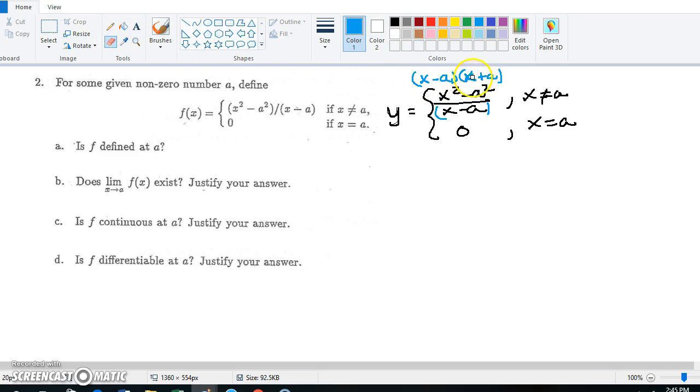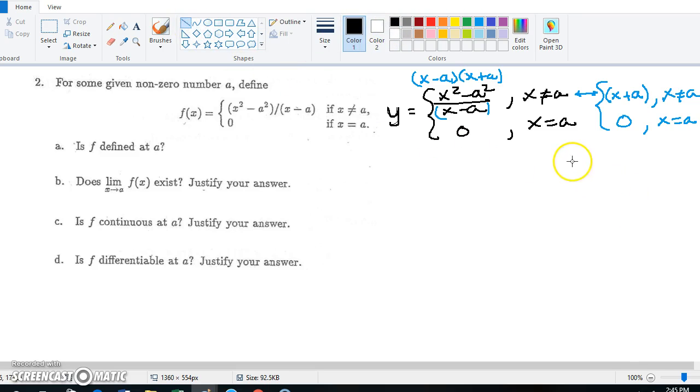Well, what happens when we reduce this function? You've got it. This really is the same thing as saying I have x plus a when x does not equal a, and I have 0 when x does equal a. Okay, I want you to think of a function. Pick a value for a, any value you want.